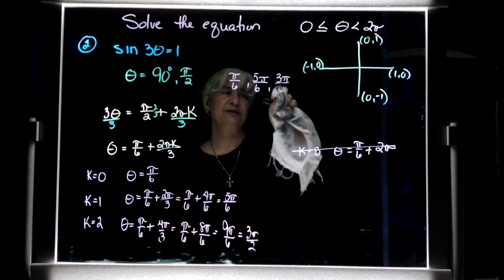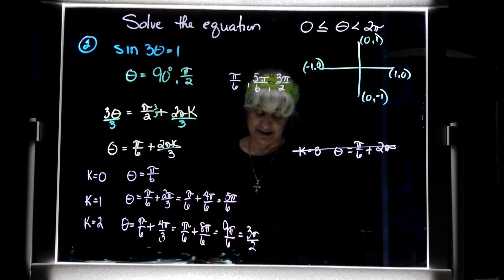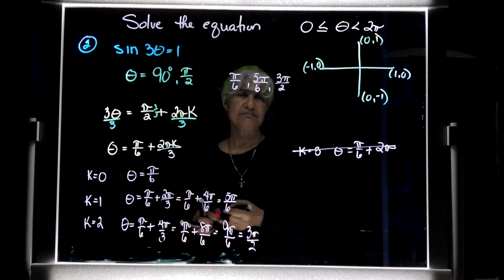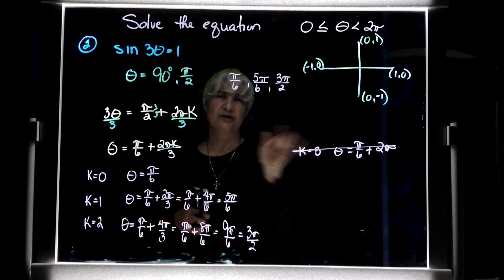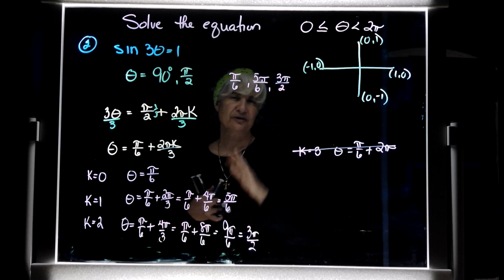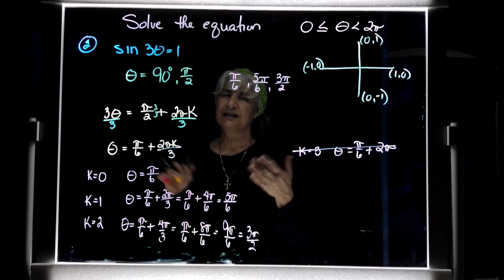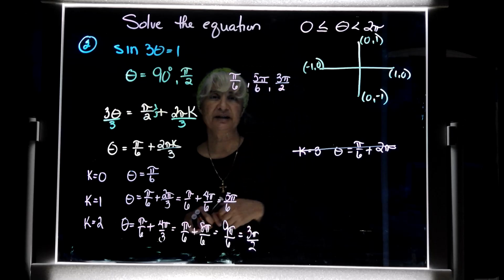Sometimes you can predict how many solutions you're going to come up with. And in this case, I got 3. In the first one, there was a 2 theta, so I actually had 2 from each quadrant. The 3 over 2, that's 1.5, isn't it? That's kind of iffy. Anyway, I have one more example for you.